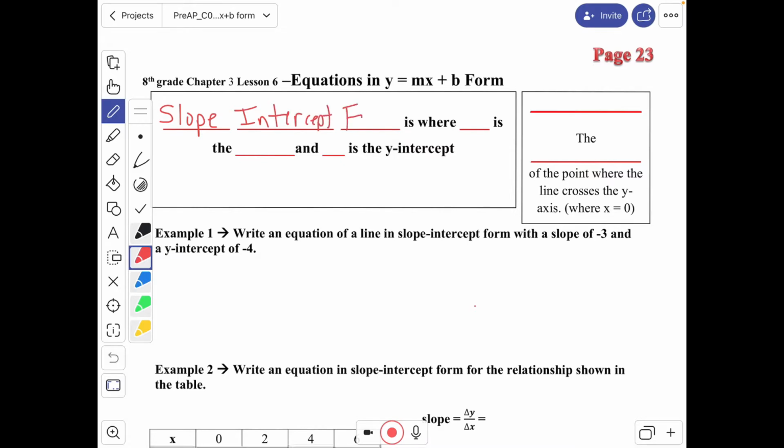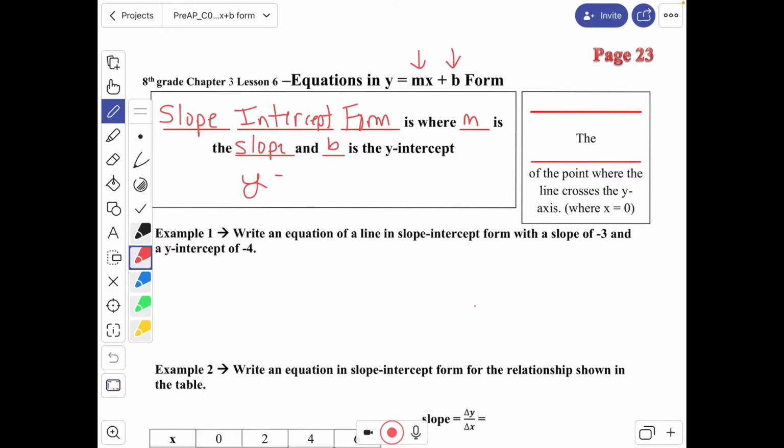In this, the m is the slope and the b is the y-intercept.